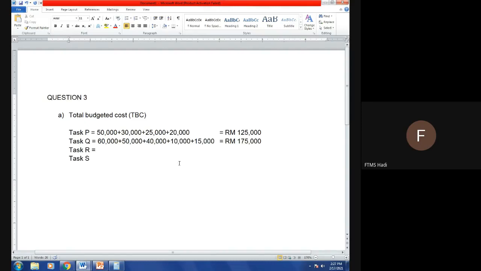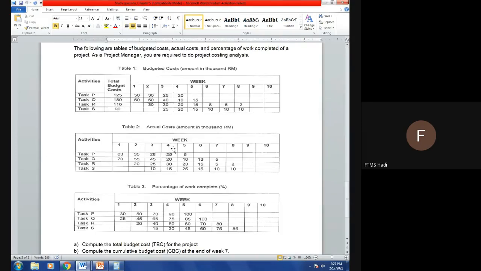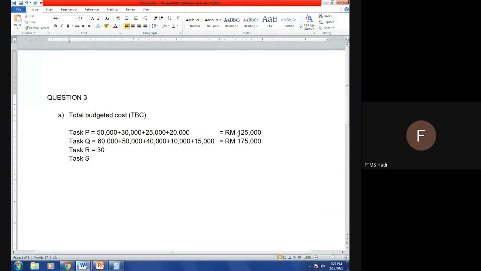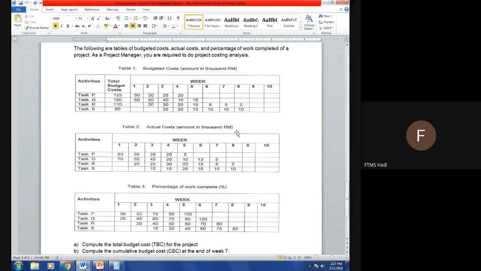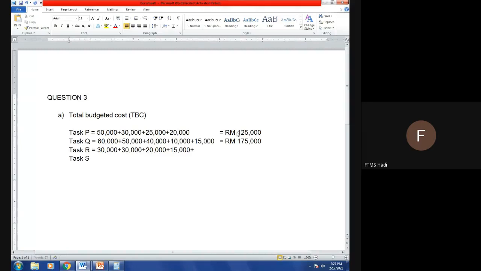For task R, you need to add everything here: 30 plus 30 plus 20 plus 15 plus 8,000 plus 5,000 plus 2,000.